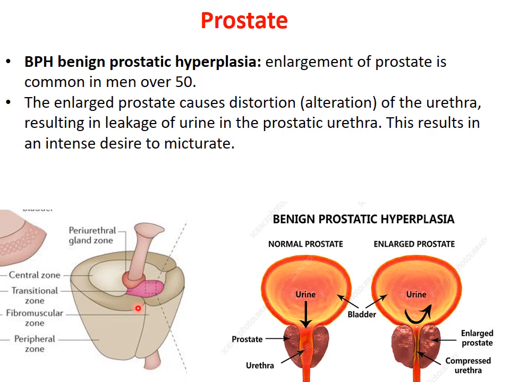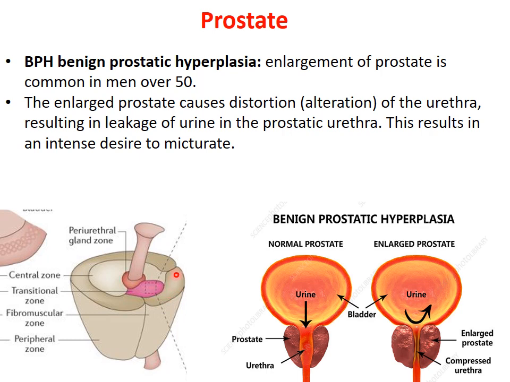And some of the zones are particular for the tumor. So this fibromuscular zone is very particular for the tumors. So when the tumor is there in the prostate gland, this zone enlarges. And this transitional one, not the central one, the transitional one, is primarily involved in the hypertrophy.